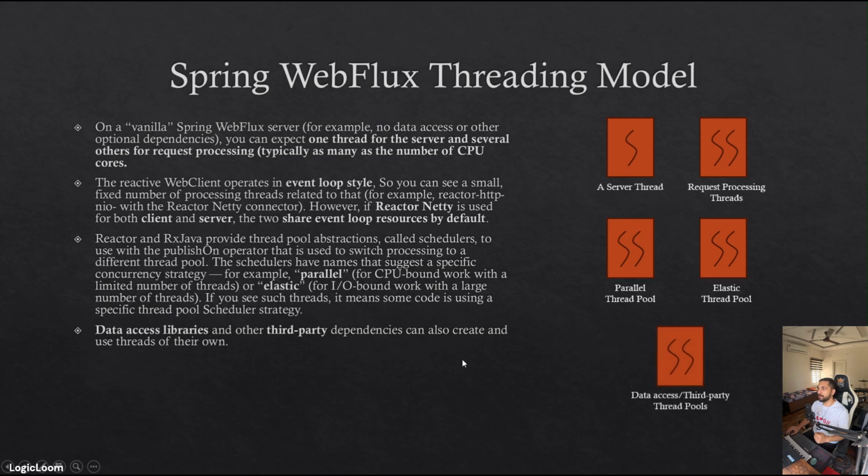And finally, you can also see some data access library thread pools or any third-party dependencies that we may have, because this scheduler framework, which gives us the parallel and elastic thread pools, also allows you to create a custom thread pool. So you may see a third-party library creating their own custom thread pools.